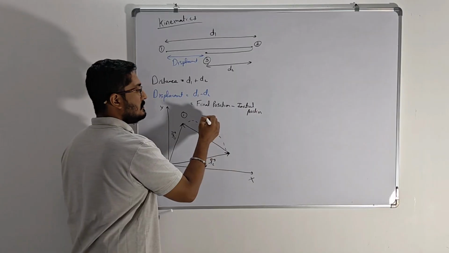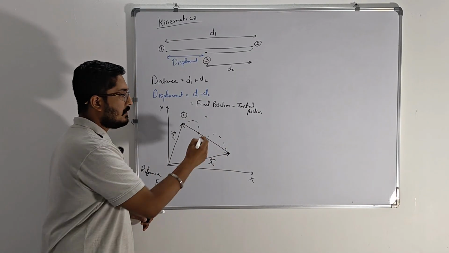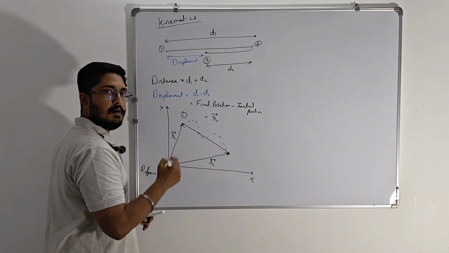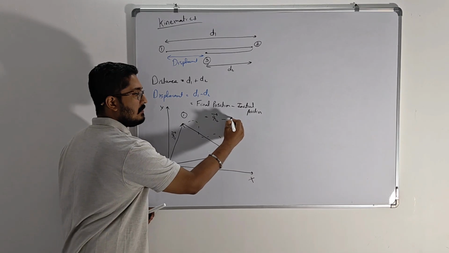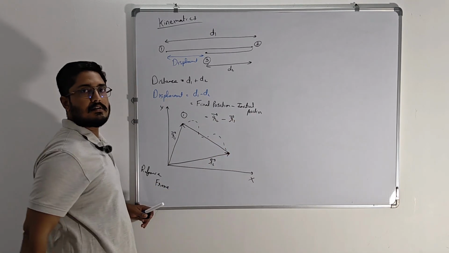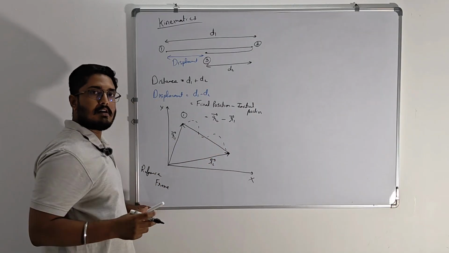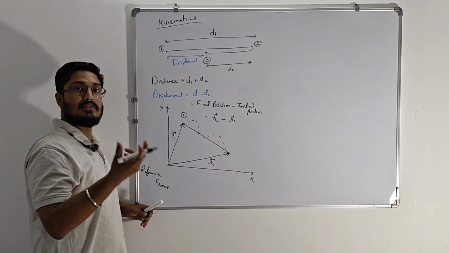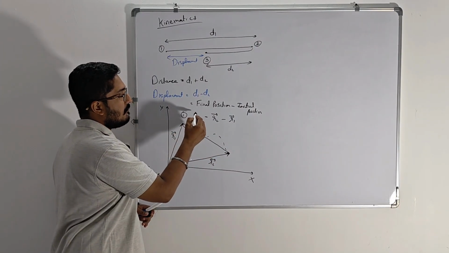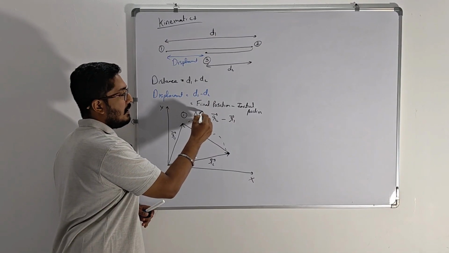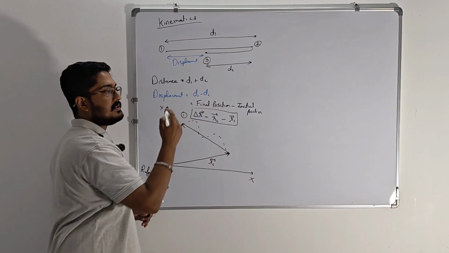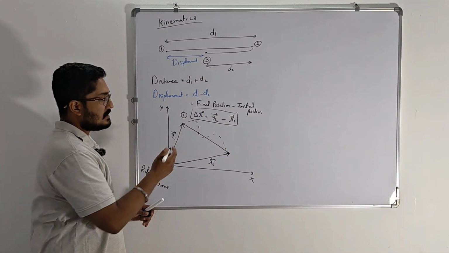Now what's the final position vector of the particle? It's R2 minus the initial position vector R1. So this subtraction would be called displacement. And because it is R2 minus R1, you're subtracting, you're finding the change. That's why this displacement will also be written as delta R, because it's a change in position.